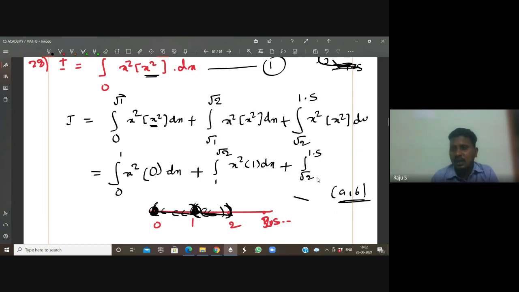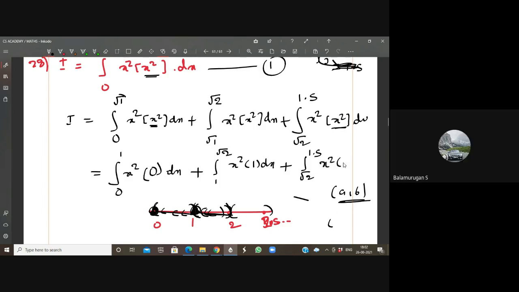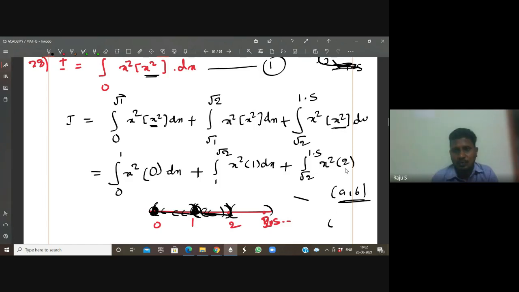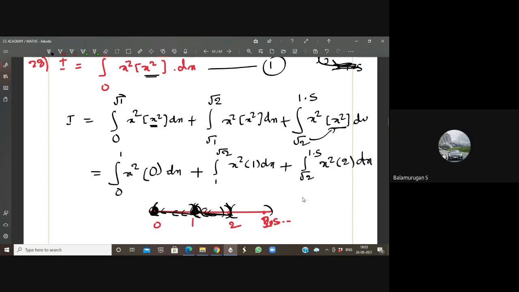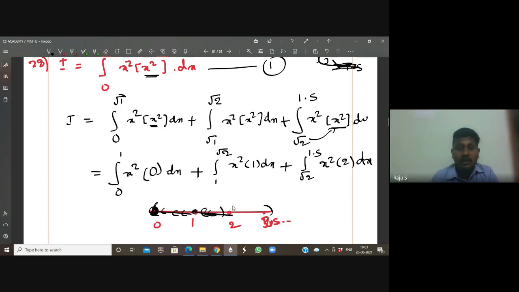When we substitute in the open interval, the minimum value is 2, since root 2 whole square is 2. Got it? Yes. Any doubts, you can ask, students.